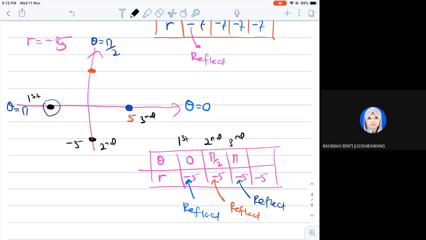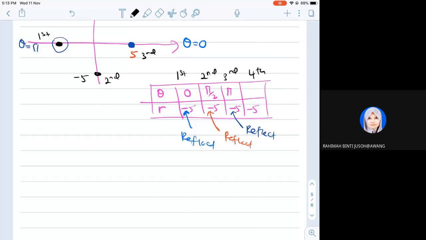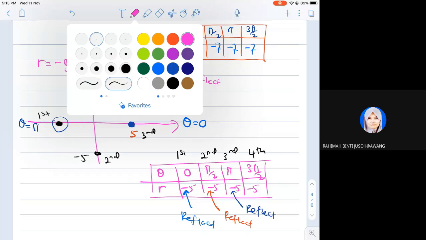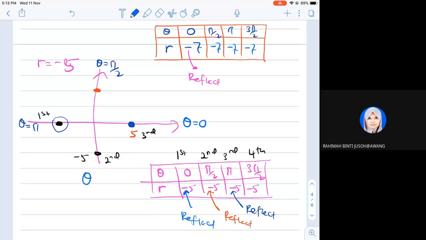And then fourth column. Fourth point, 3 pi over 2. Theta 3 pi over 2, sepatutnya dia dekat bawah, berada kat sini. However, dia negatif, R ni negative 5. So again, you have to reflect.